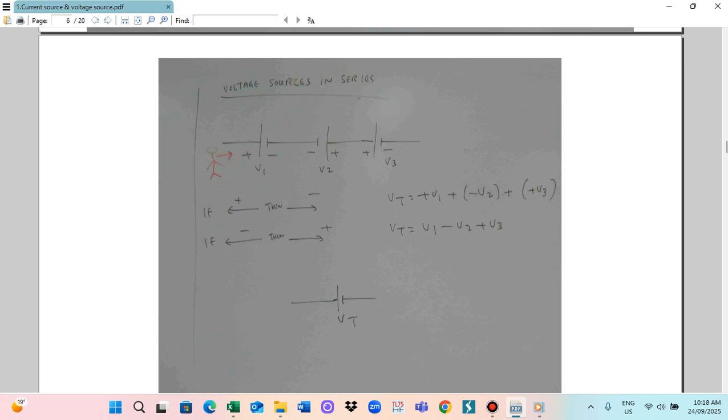That will be VT equal to V1 minus V2 plus V3. So when working through the network, first you see the positive side, so positive V1, then the negative side, then the positive. Then you get VT. So instead of all three voltage sources, you can represent them by a single voltage source VT, which is V1 minus V2 plus V3.